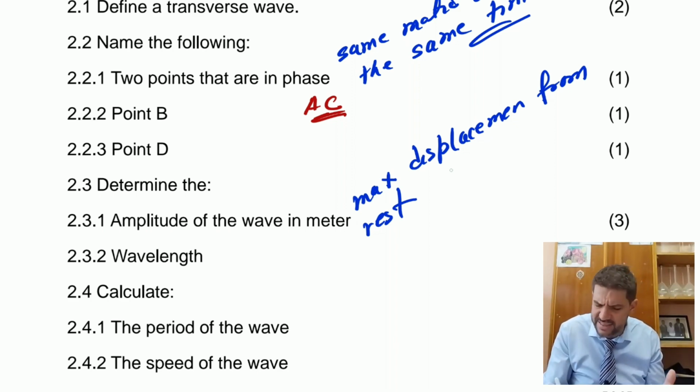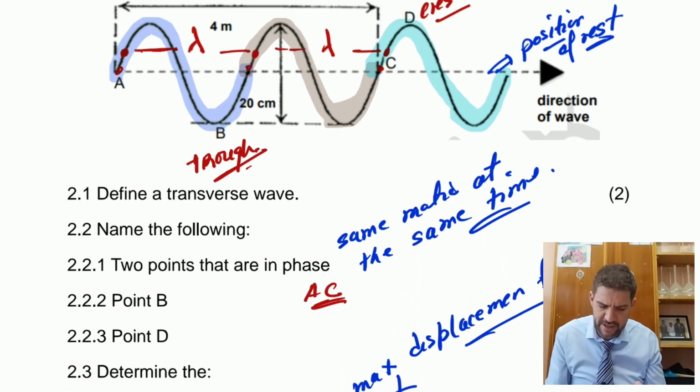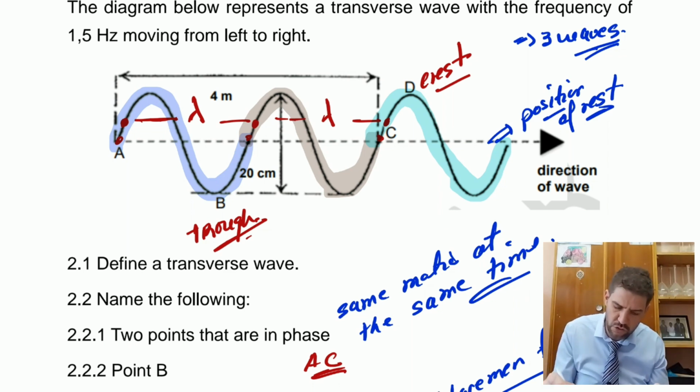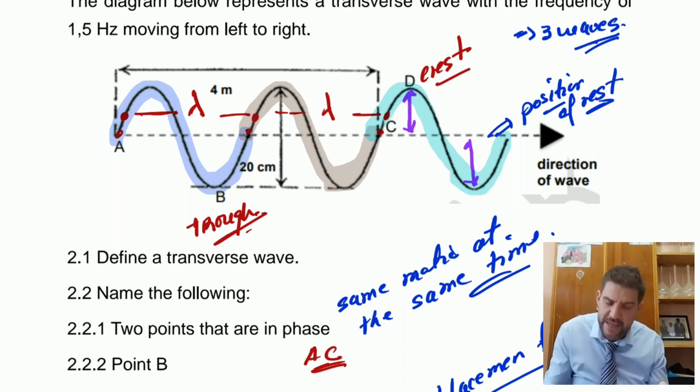I'm going to write rest with P. That is the definition of amplitude. If we go to the graph, the amplitude is the distance from rest to a crest. In other words, this is what we call amplitude, or from the rest position to the trough. Either one. That is amplitude.